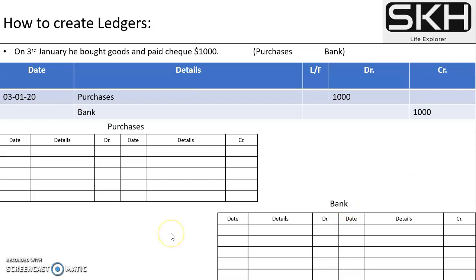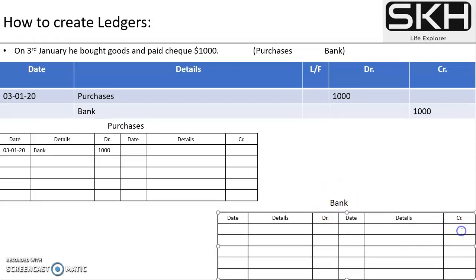In this transaction, the purchases are on the debit side, so I'll write the date 3rd January 2020. The amount will be written 1000 and the reason is bank. And in the bank account, the money is going out, so it will be written on the credit side and the reason is purchases.